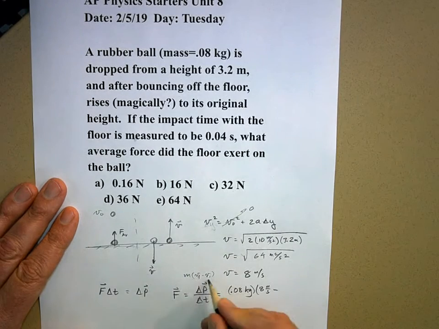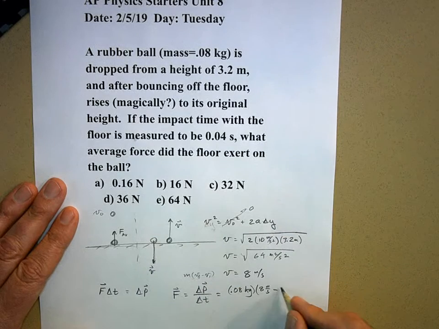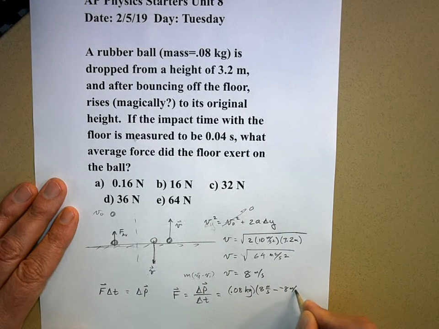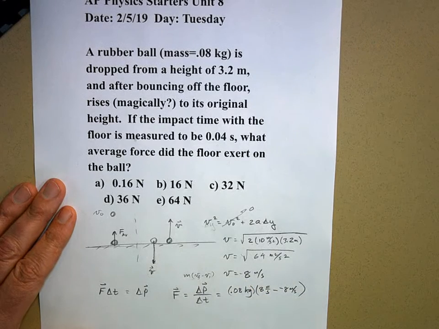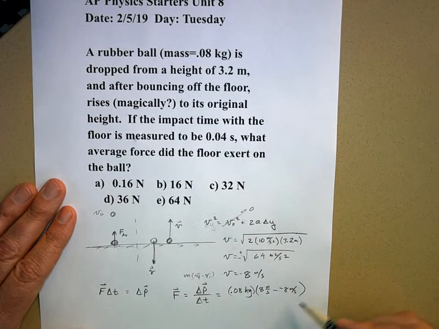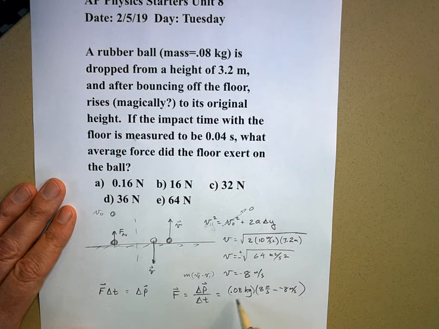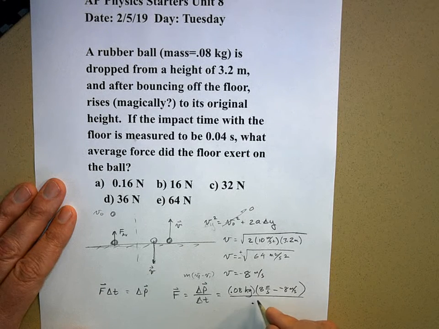That's this velocity. What was v initial? Well, you subtract it. Oh, it was -8, because going down, this should be -8 right here, because this is plus or minus. So you choose the -8 because it's falling down. And then we're going to divide this by 0.04.